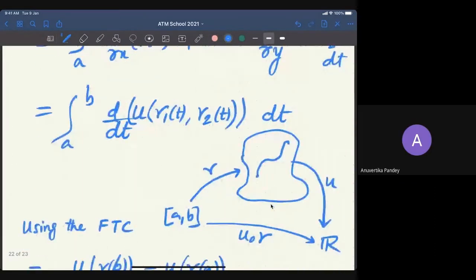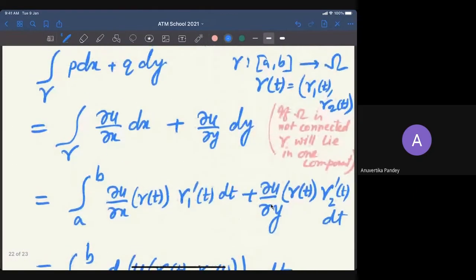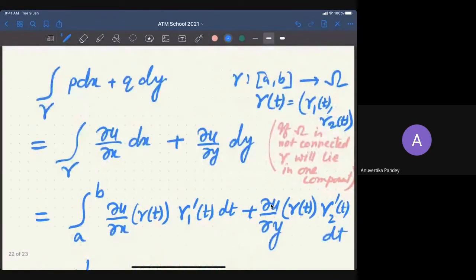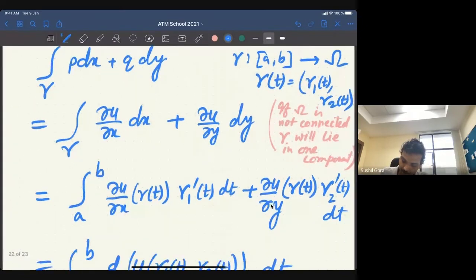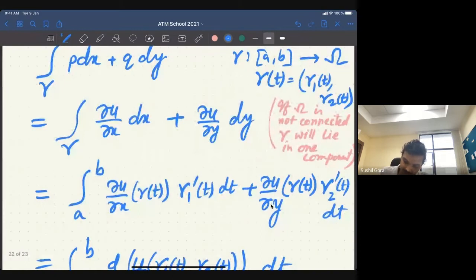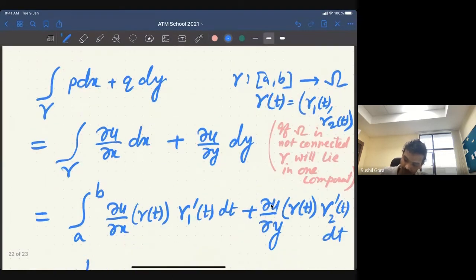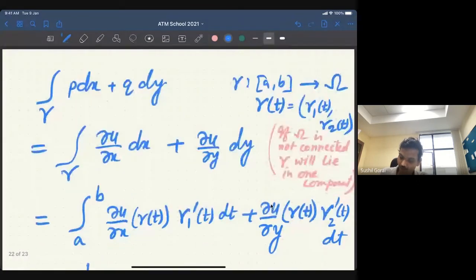So why does this question of connectedness arise? Well, it doesn't arise here at this point as the proof goes. So there will be no problem.